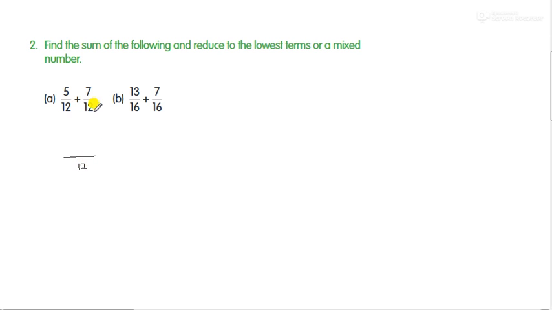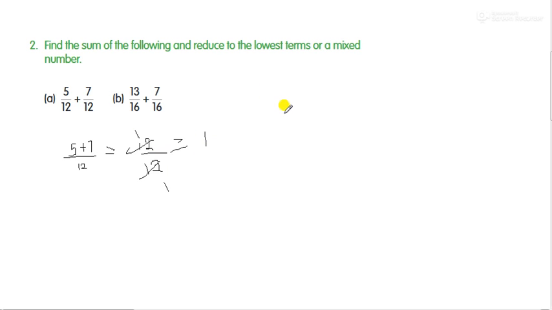So in the denominator write the 12 and add 5 plus 7. So it's 12 by 12. So here 12 ones are 12, 12 ones are 12. So here the answer is 1.